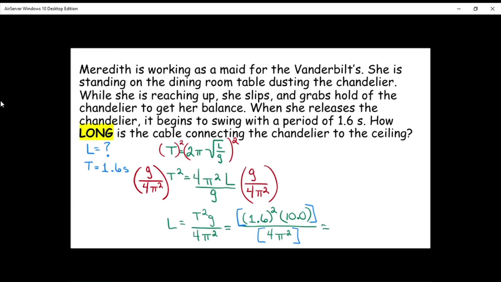Multiply the top out and then divide it by the bottom. So we plug this in our calculator, and we will get, looks like 2 sig figs, 0.65 meters. So that's 65 centimeters. Almost 2 feet.